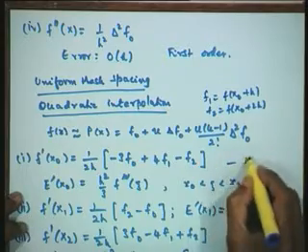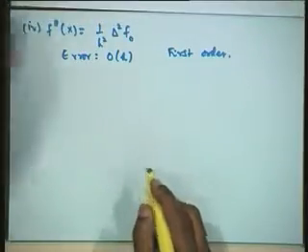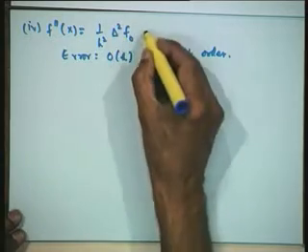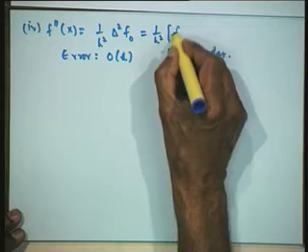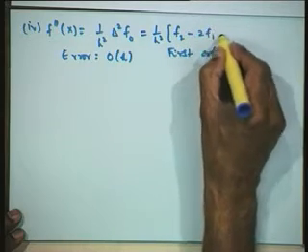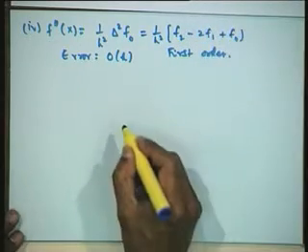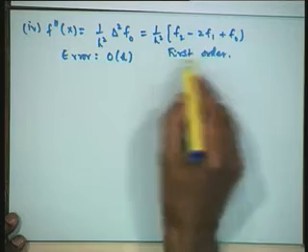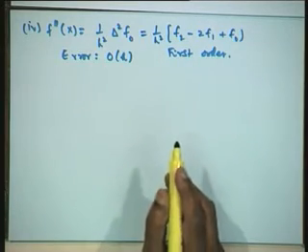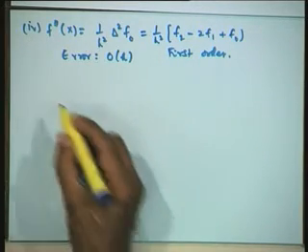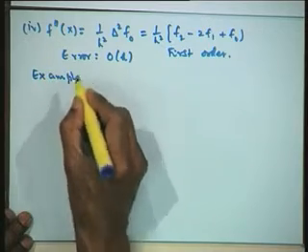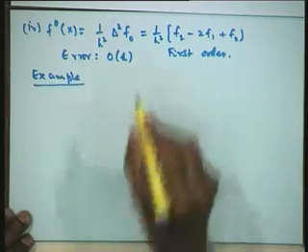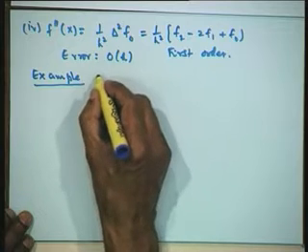Let us just number it as 1, so that I can use it in an example. Here again I can open it up and write 1 upon h squared times the forward difference f2 minus 2 f1 plus f0. I can Taylor expand it and show that it is of the first order. So, let us take an example on this. Now I will take a simple theoretical example first.